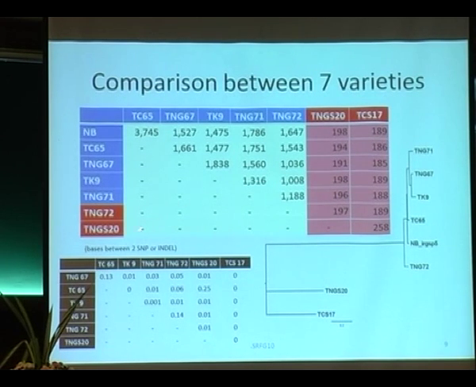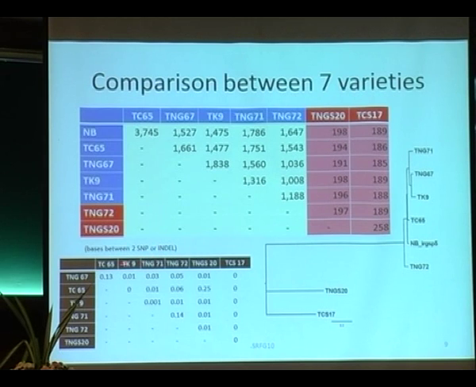Here I count the distance between two SNPs or indels, so the bigger number means they are closer. It's reasonable that the japonica have a high number and the indica have a low number here.